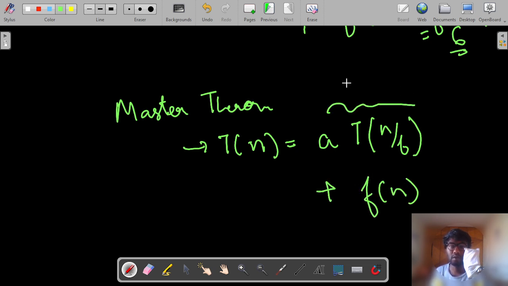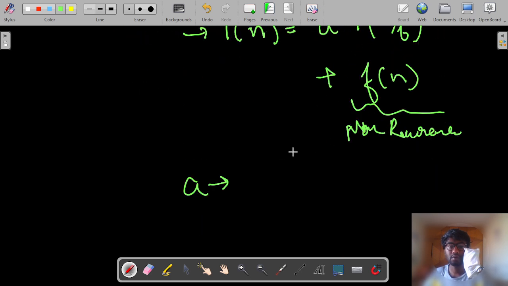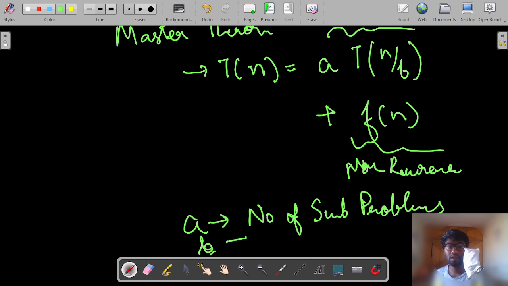This is the recurrence part, and this function would be non-recurrence. And a is the number of subproblems here. b is the size of the subproblem.